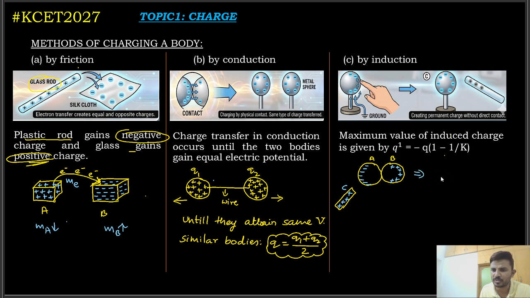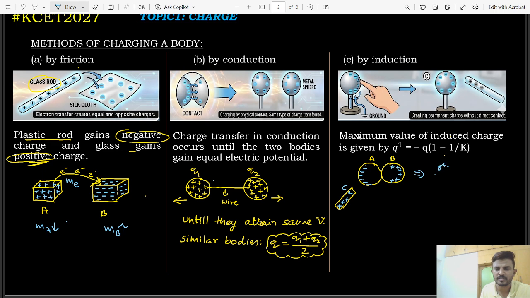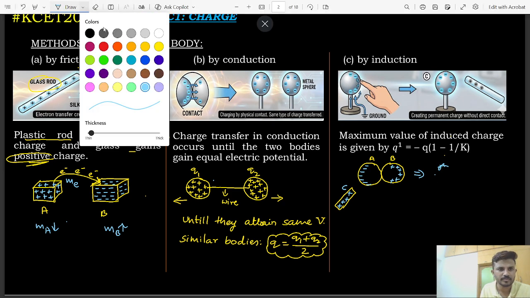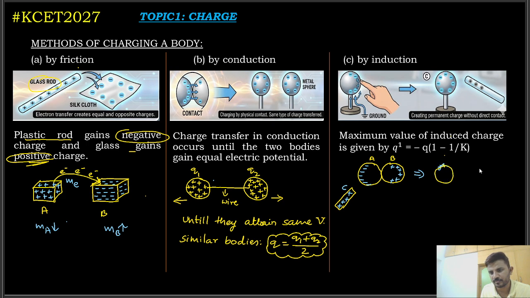Now what I will do is, I will first separate A and B. This is A, this is B. The charged conductor is still there. Now body A is having negative charge, body B is having positive charge.